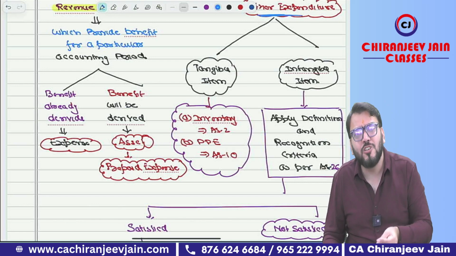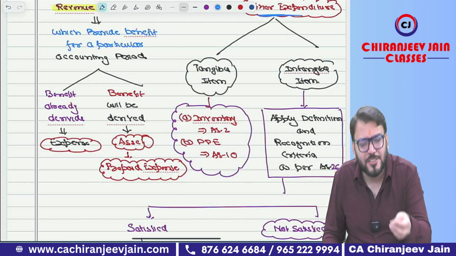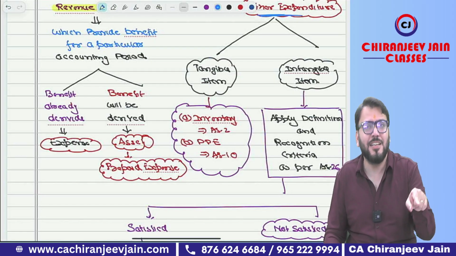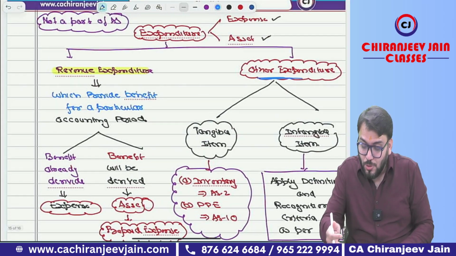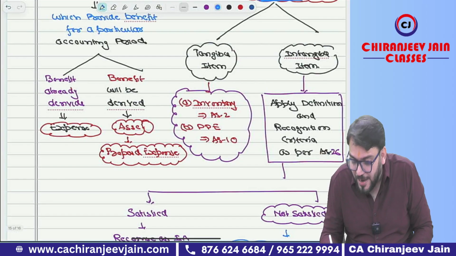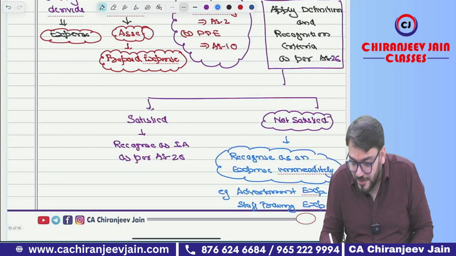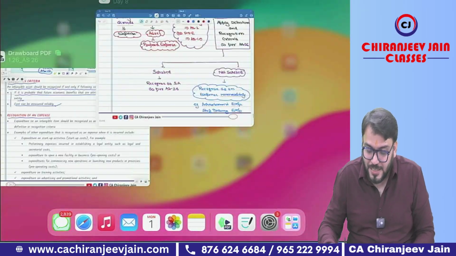So there is no future economic benefit, the recognition criteria is not satisfied, so charge it to PL as an expense. I have already given my example of a website which I was supposed to launch. So it means if the definition and recognition criteria are not satisfied as per AS 26, recognize it as an expense immediately. Very important point that is given in this particular para.